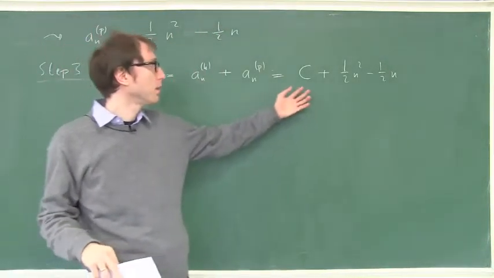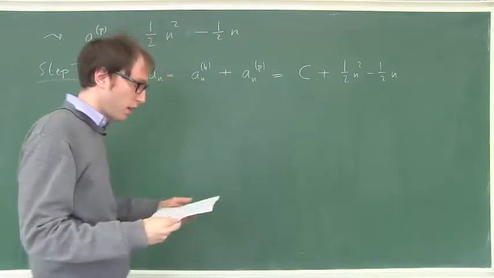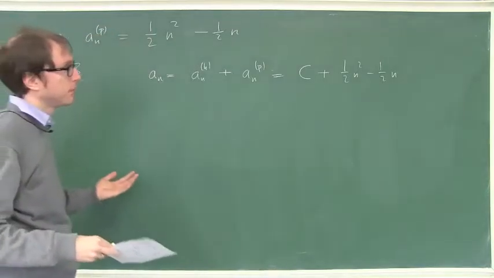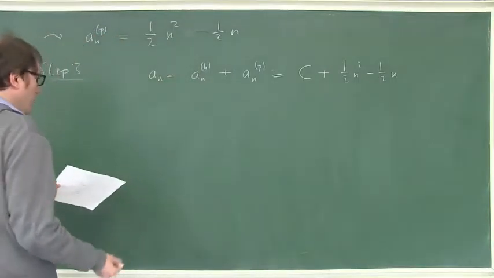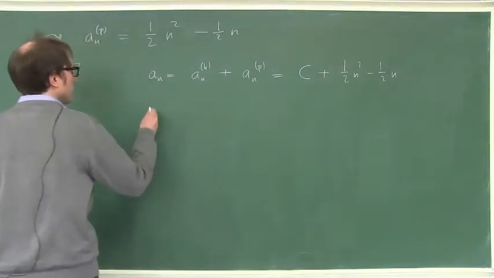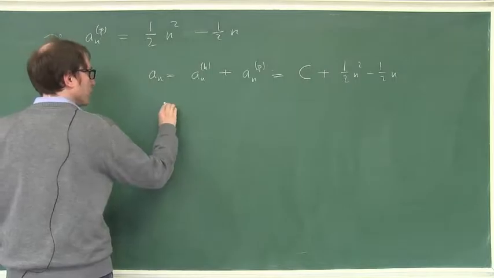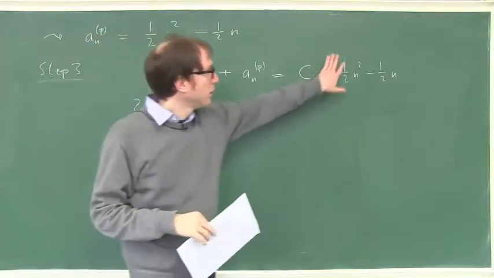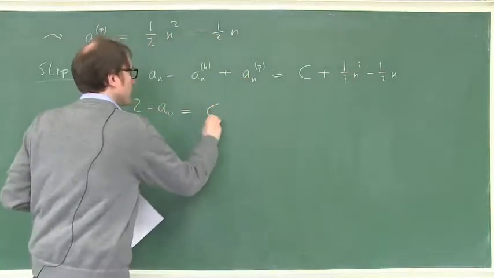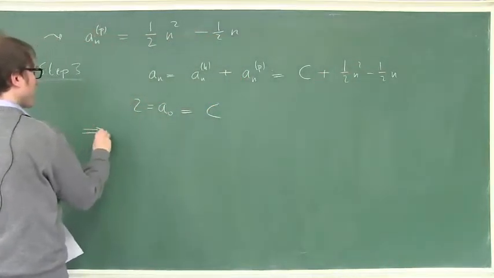In general, it's usually 2 constants. If you have order 2, you have 2 initial conditions, so there will be 2 constants here. In our case, you only had 1 initial condition, so now let's solve for that. That was n equals 0, a0 was 2. If you plug in 0, this vanishes, so C has to be 2.